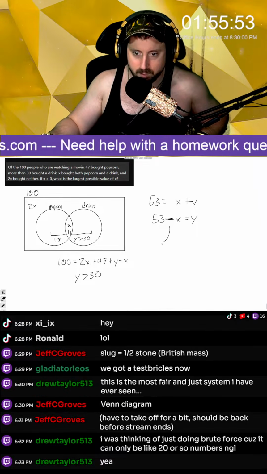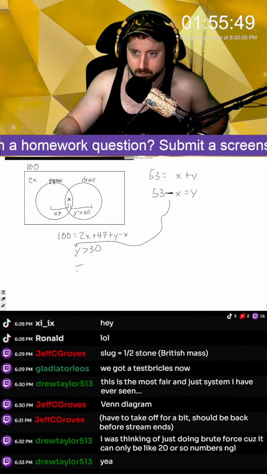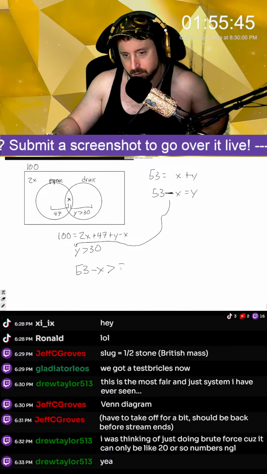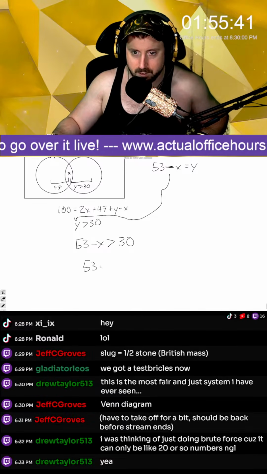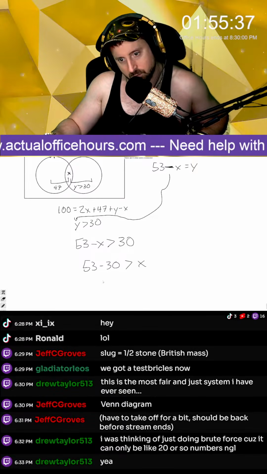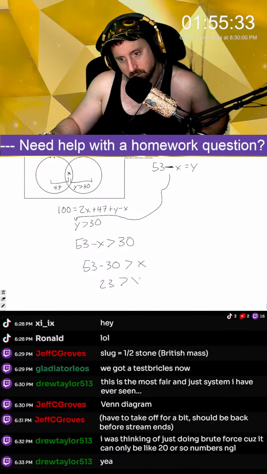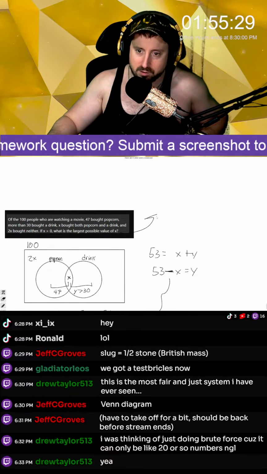Now I can plug this into the constraint, and I get 53 minus x has to be greater than 30. So 53 minus 30 has to be greater than x. What is that? 23. So x has to be less than 23. So I think the largest possible value of x is 22.